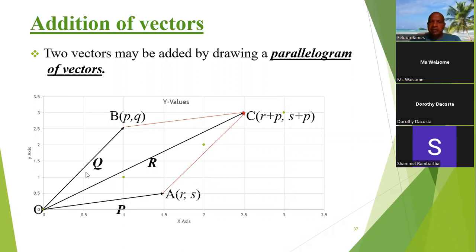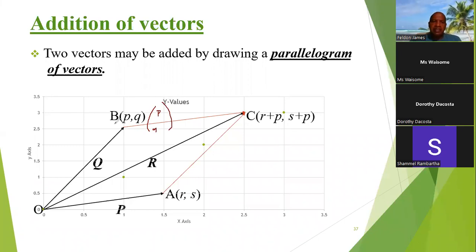And oftentimes when we are referring to that vector, in this case, the vector OB would have the coordinates P and Q. So if we are referring to it in matrix form, we would write this in column form where P would be above and Q would be below. So the vector would be represented in this way in column form, P and Q.